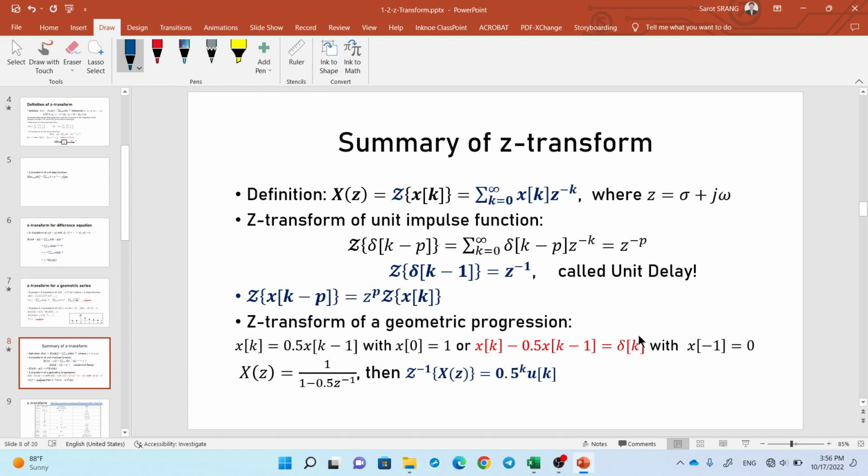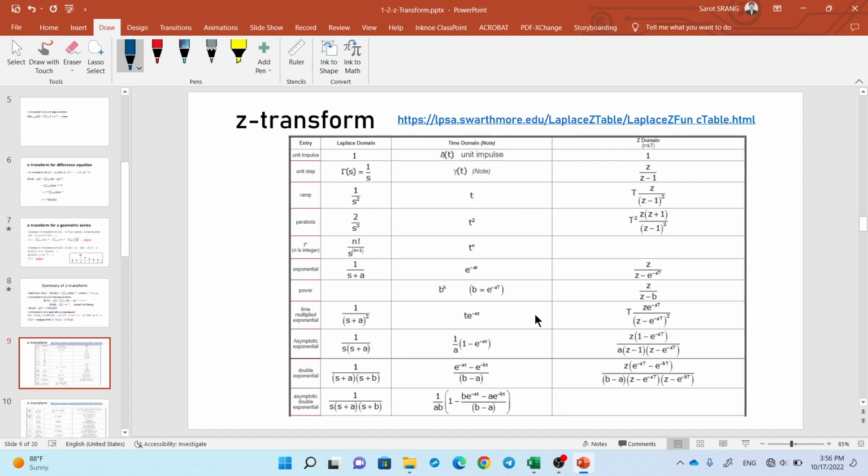Okay, so here is the summary of the Z transform that you just saw earlier, so I don't need to repeat it, you can read it by yourself. And here is a table of the Z transform for some special functions, and I can say it again. For the unit pulse, the Z transform is just 1, and for the step function the Z transform is like this, or sometimes you can write it as 1 over 1 minus z to the minus 1, dividing numerator and denominator by z.